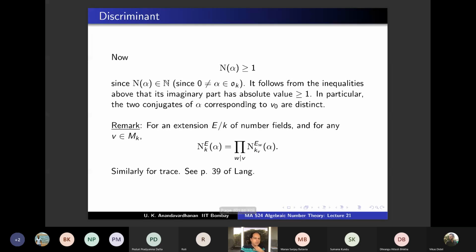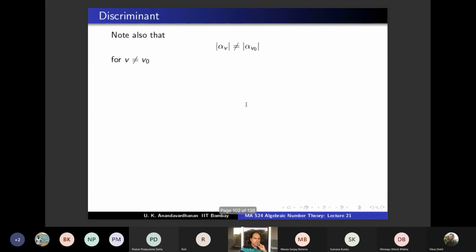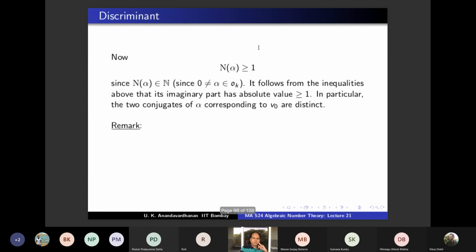Okay, so here is a reference because I did not put this in the slides. And we can also conclude that for V not equal to V naught, the absolute value of alpha V is different from the absolute value of alpha V naught. Why is that? Again from these inequalities.